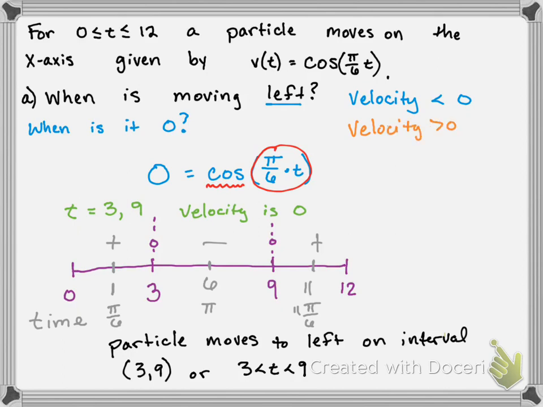Yes. Greater than 0, you move right. So for moving to the right-hand side, that is the interval from 0 to 3, or you could say union, 9 to 12.